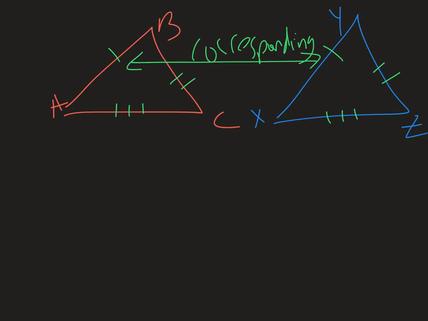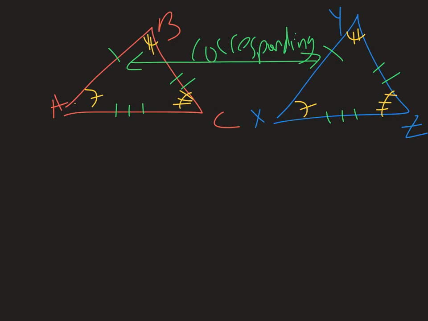If we're talking polygons, we need more than just the sides. With a triangle, it's enough to make that deduction, but for the sake of completeness, we also need to say that the corresponding angles are congruent. Very similar to the sides, we have angles that are congruent pairwise, meaning angle A is the same as angle X, angle B is the same as angle Y, angle C is the same as angle Z. But notice that angle A doesn't necessarily have to be congruent to angle C. We can have a little bit of variability there.